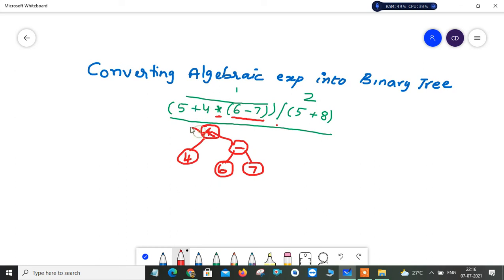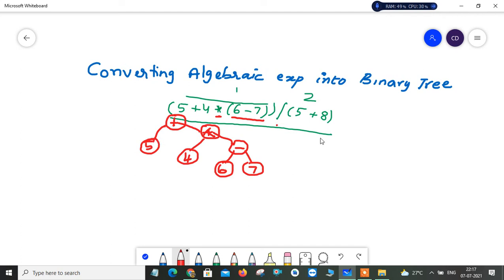So simply this is your addition, and then you add with 5. So this is a part of your expression. What it says is, first of all you have to subtract 6 minus 7, then multiply with 4, then add with 5.